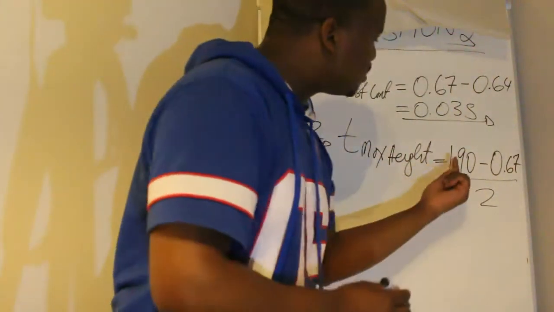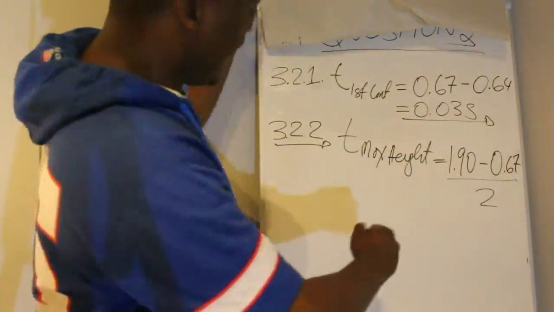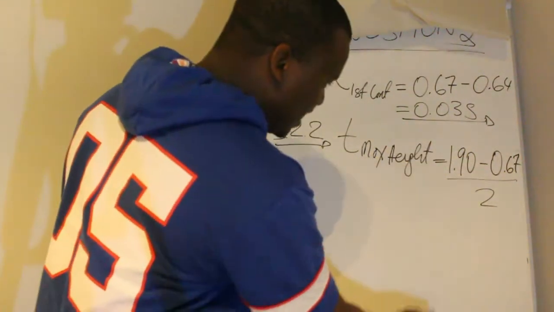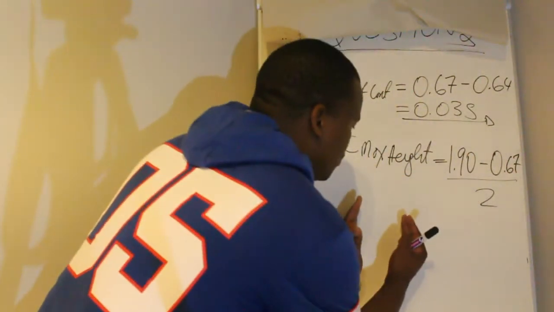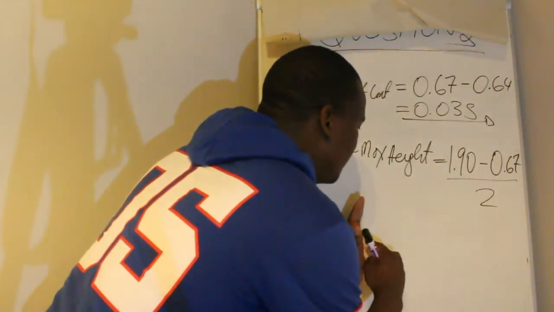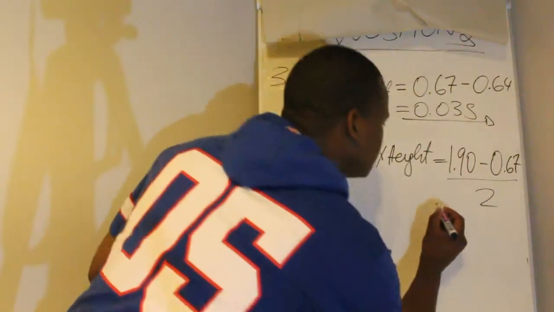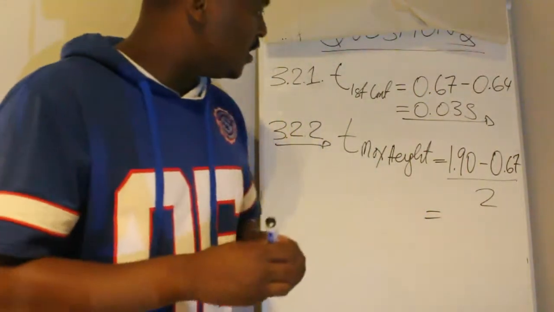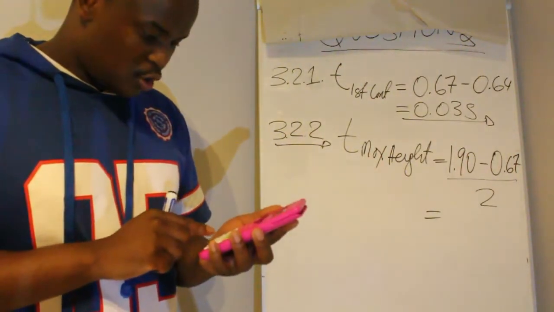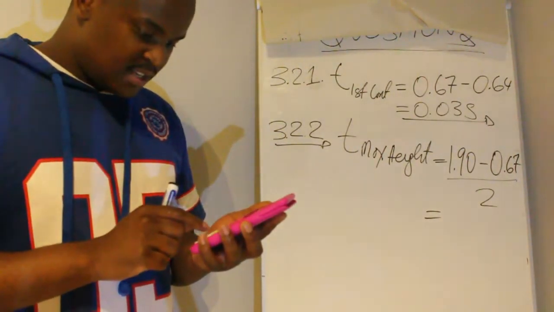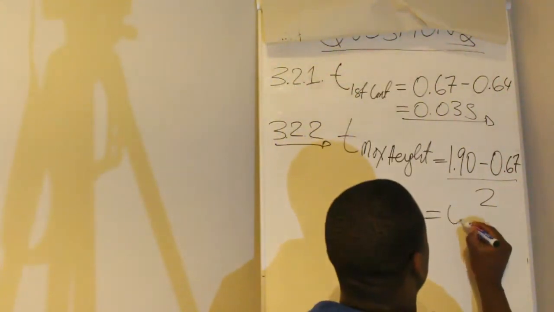Because the time that you get from 1.9 minus 0.67 is the time of rising and returning to the original position. Halving it only gives you the time it took to go up, which is the time that we want. Use a calculator: 1.9 minus 0.67, divide by 2. So it's 0.62 seconds.